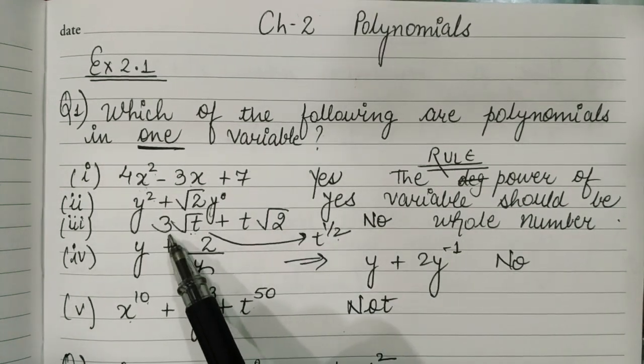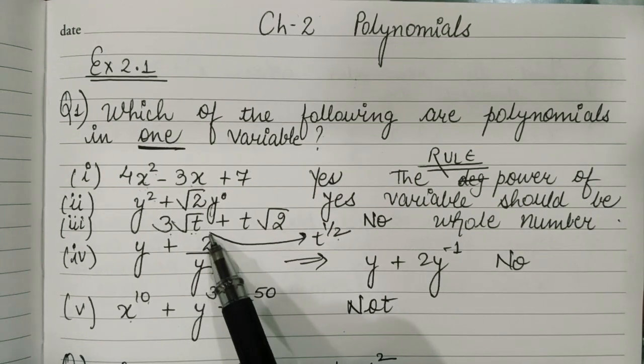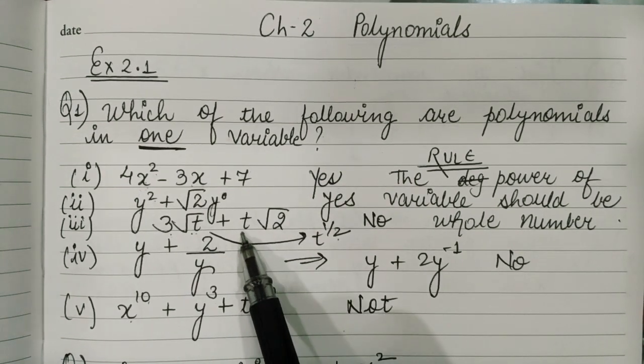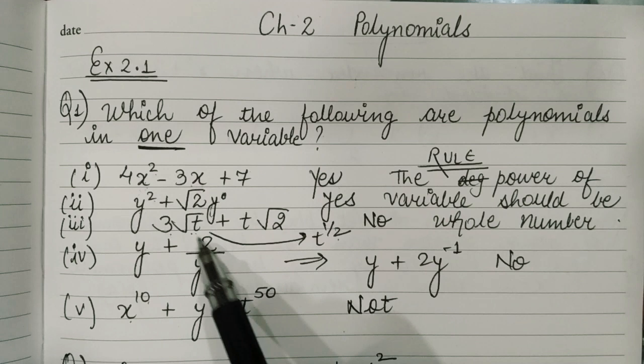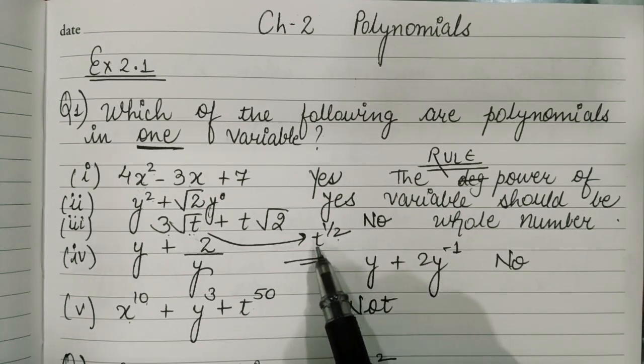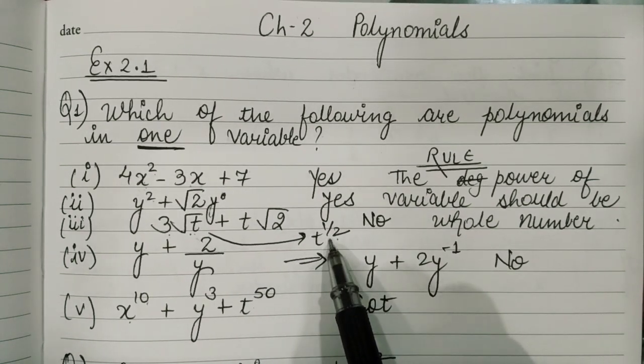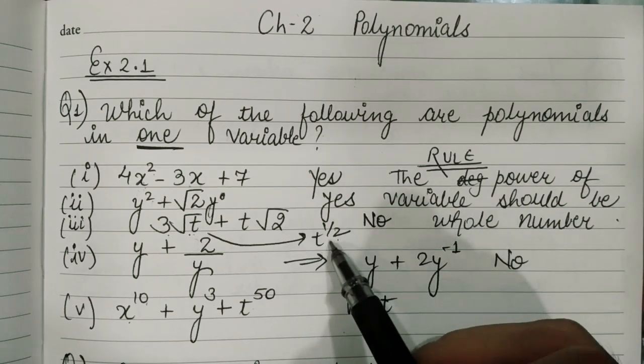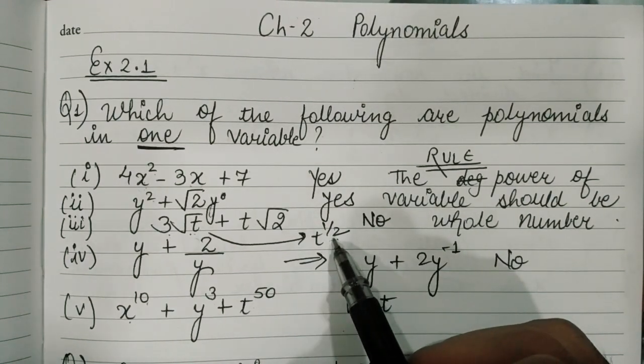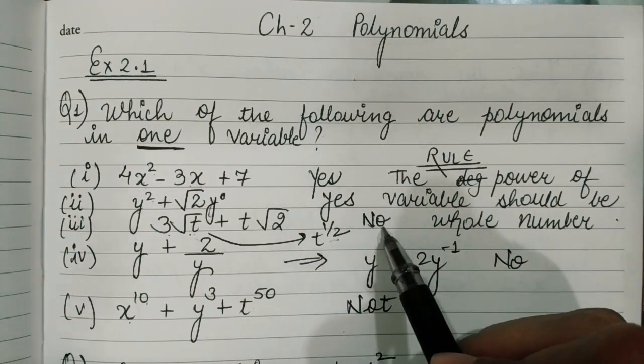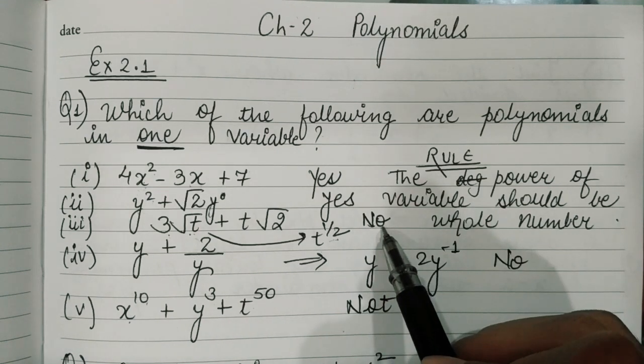But in the third question, it is given 3 under root t plus t under root 2. The under root t can be written as t raised to power 1 by 2. As we can see here, 1 by 2 is not a whole number, so it is not a polynomial in one variable.